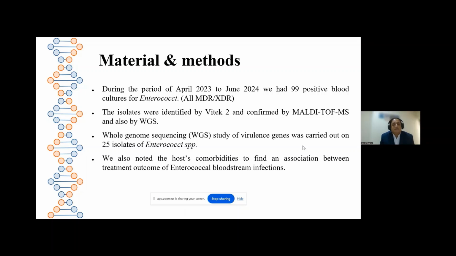Coming to materials and methods, during the period of April 2023 to June 2024, we had 99 positive blood cultures amongst 300 blood cultures we did. They were all enterococci, and we only chose the MDR and XDR Enterococcus species, as most of them were MDR or XDR, to see the genetic makeup by whole genome sequencing.